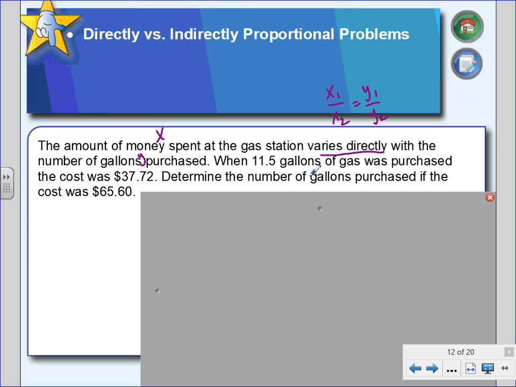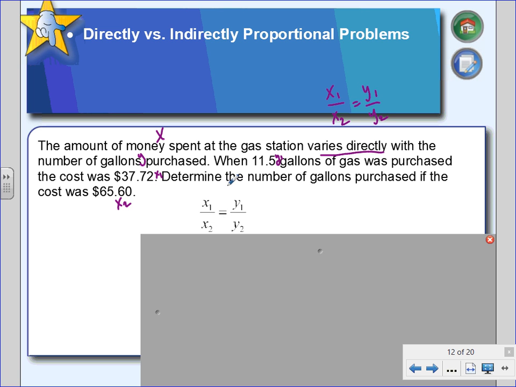If 11.5 gallons, so notice it gave us gallons first, so that's your y1, was purchased for the cost of $37.72. That's x1. You have to pay attention to the units because this time it gives it to you in a slightly different order. Then determine the number of gallons purchased if the cost, money is x, so this is x2, was $65.60.